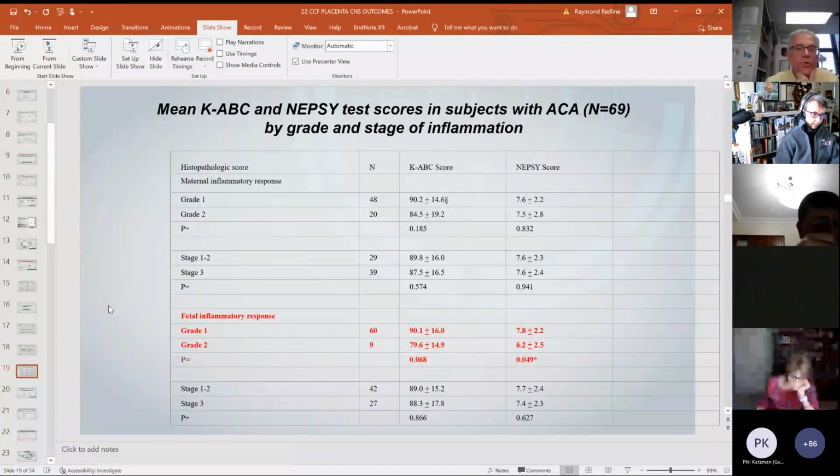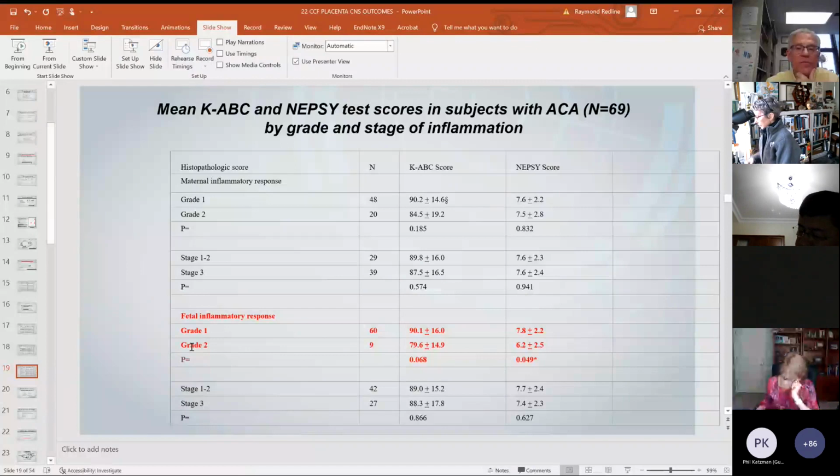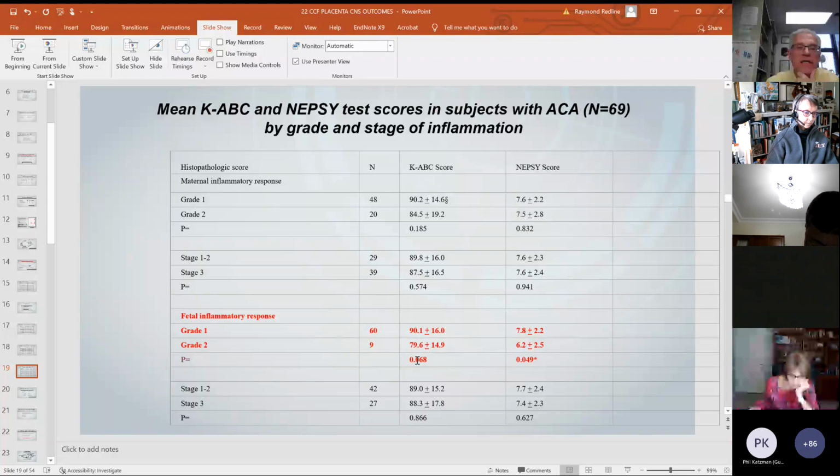While acute chorioamnionitis and the fetal inflammatory response by itself didn't turn out to be associated with abnormal neurocognitive testing, we did find that when you looked at the intensity of the fetal inflammatory response, when you had a high intensity fetal inflammatory response as opposed to just a low intensity one, there was a significant change in low NEPSI scores with the high grade inflammation and a borderline decrease in KABC score.